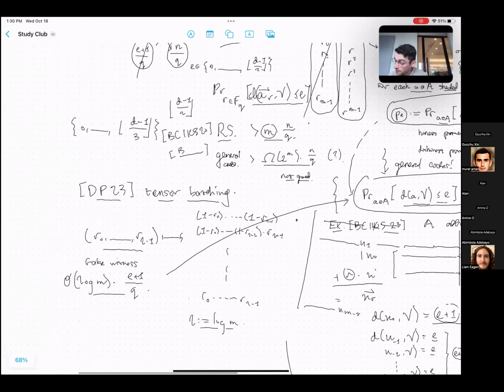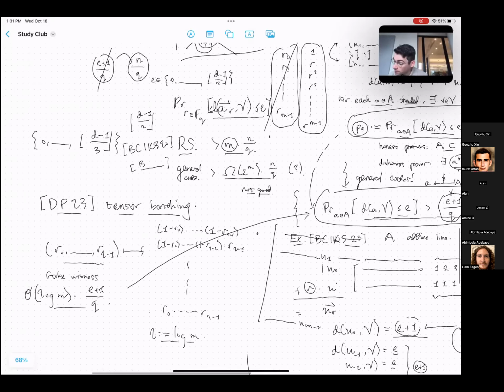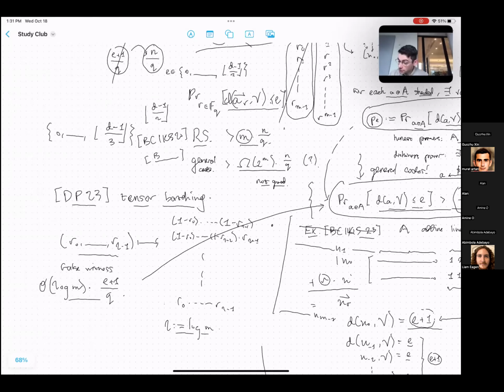It inherits both of those. So in other words, for general codes, this is the proximity parameter range, and this is the false witness probability here.